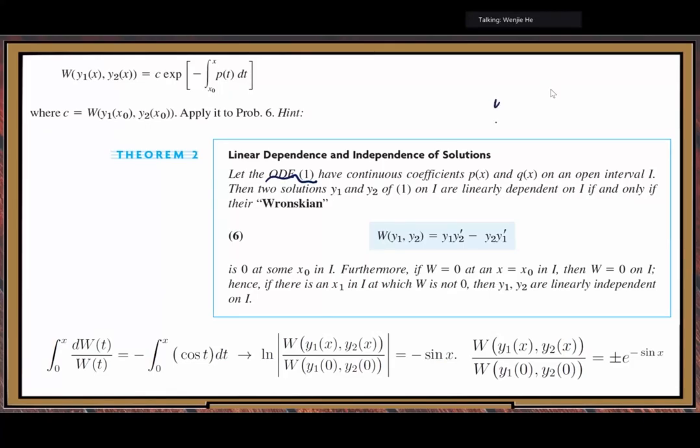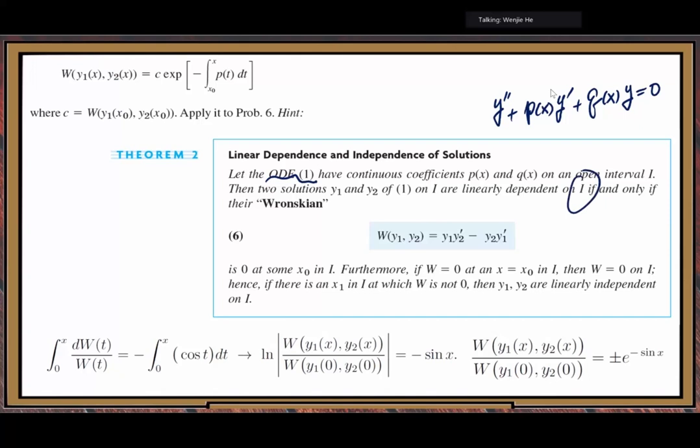This theorem is about ODE1, just the ODE we are using. Let's look at the conclusion first.